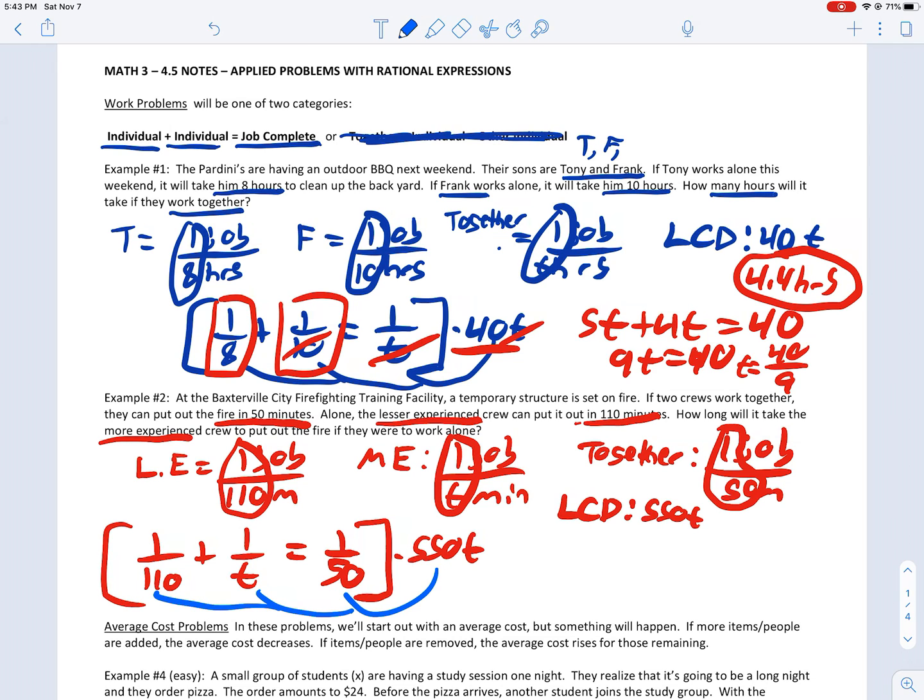So 110 is going to go into 550 5 times. So this is going to be 5t. T goes into 550t 550 times. And then 50 goes into 550 11 times. So this would be 11t.